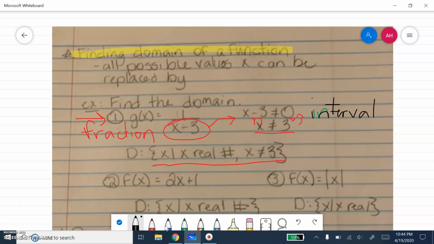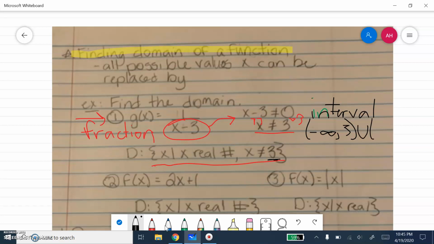So what that means is we've got to include every number except for 3. So the way you do that is you do parentheses, negative infinity, which is a sideways 8, and there's a symbol on MyMathLab. Then 3, the number you want to omit. Close the parentheses. You use a U shape for union. That's also a symbol in MyMathLab.